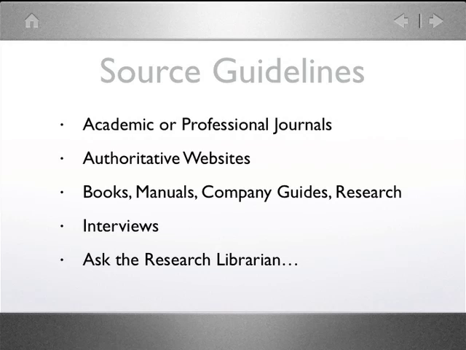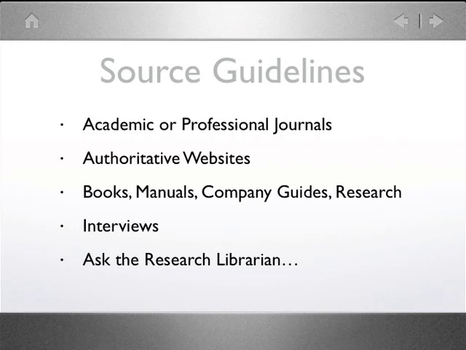As for source guidelines, like Module 2, hopefully you've already covered this, we're looking at academic and professional journals, authoritative websites, as we discussed with Module 2, the difference between a credible website versus a suspect website.